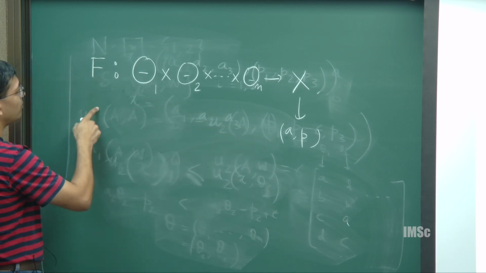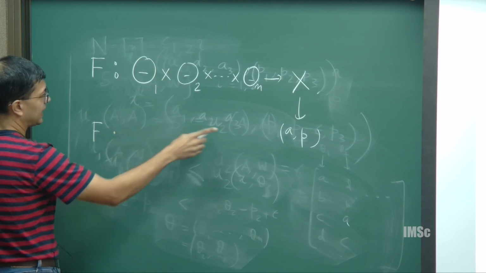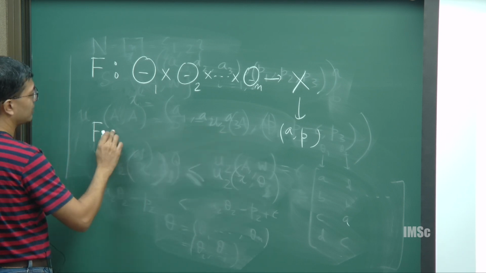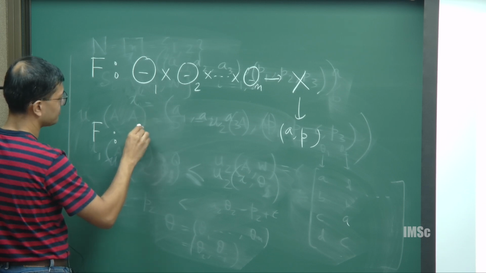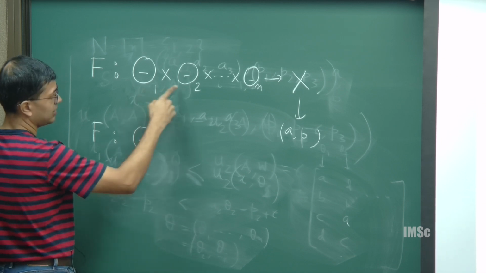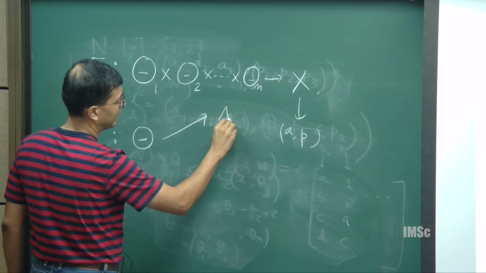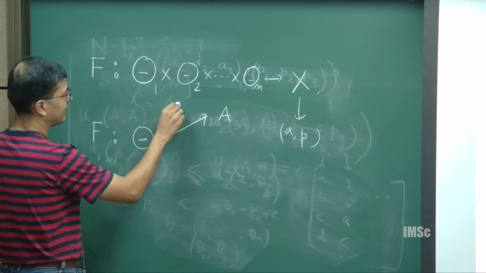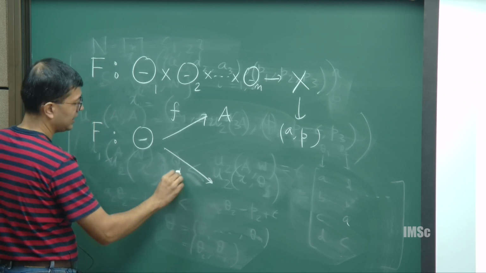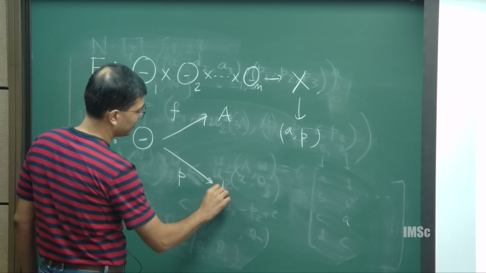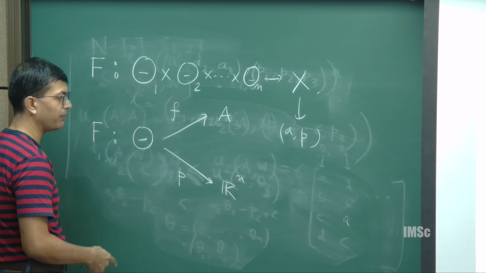You can decompose this into two different parts. Because it has A and P, you can think of this function as doing two different things. This capital Theta, the Cartesian product, is taken by one function to the space of allocations, the set A, and that function is f, and another function takes it to the real numbers, say R to the n, because I have to assign payments for each of these agents.